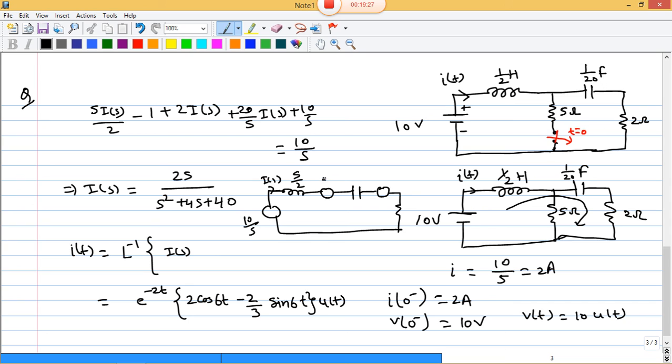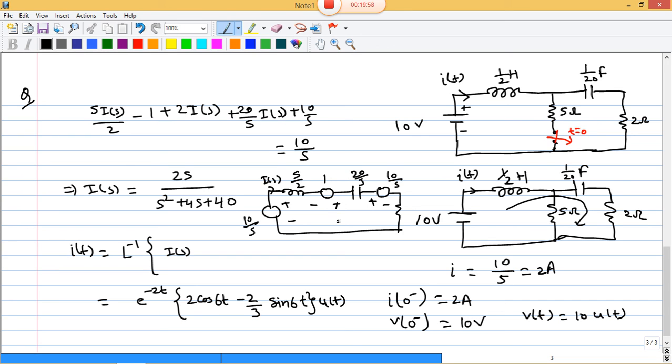This one will be 1. Here minus plus, here plus minus, here minus plus. Sorry, plus minus should be there. Now this one is 20 by s, and this one is 10 by s.